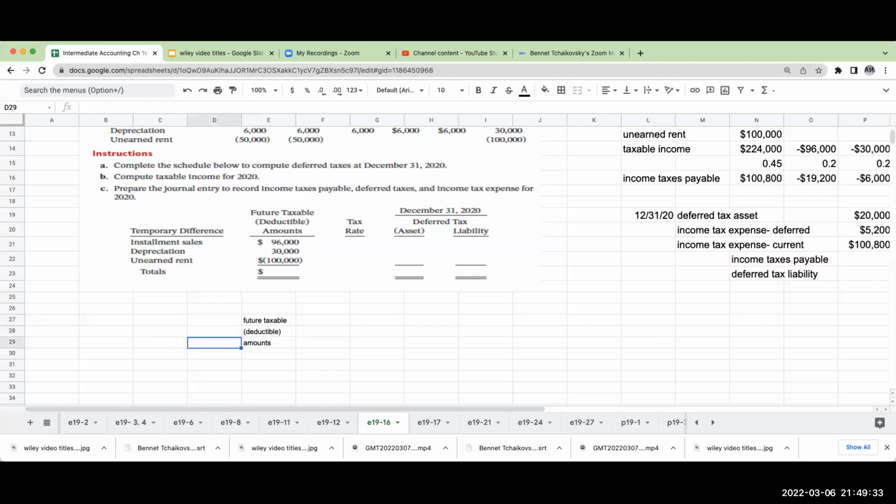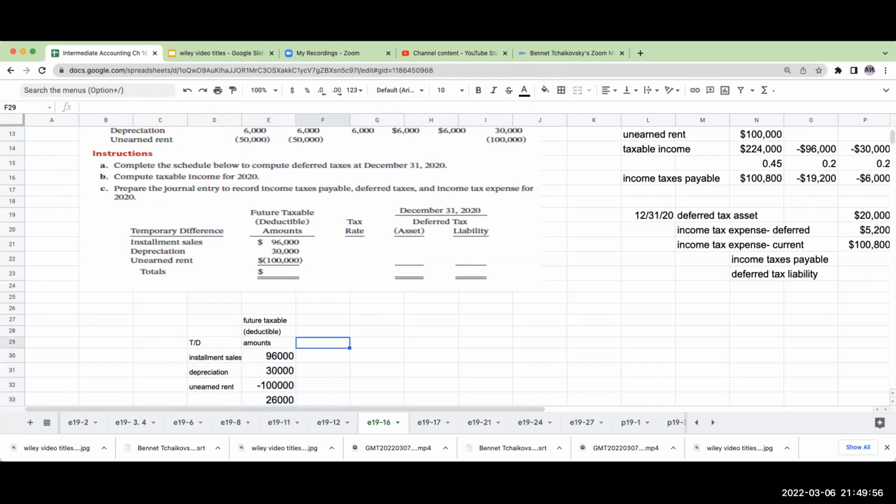Okay, and we'll say that the temporary differences are installment sales, depreciation, and unearned rent. And this is 96,000, 30,000, 100,000. So this is totaling up to a net of 26.